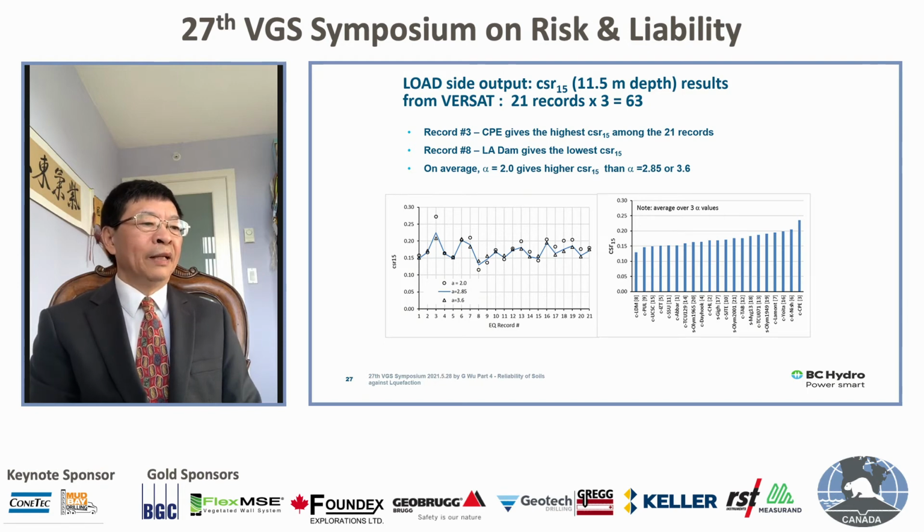The highest demand is from the CPE record, which I believe is for the San Fernando earthquake, and the lowest demand is from the LA Dam record. You can see the record responses are not so spread, but the CPE is the most demanding. Next one, please.